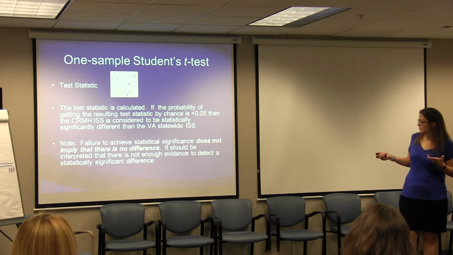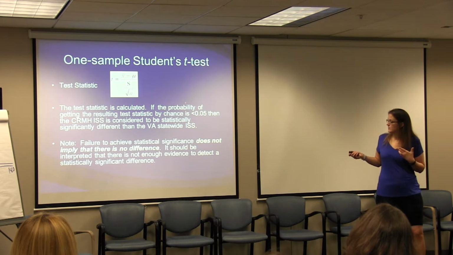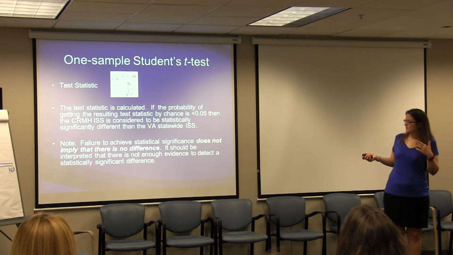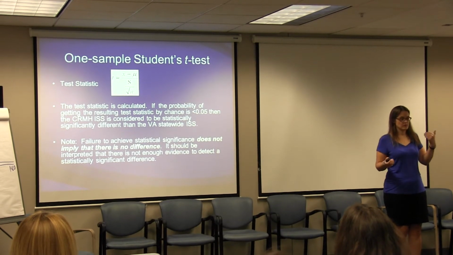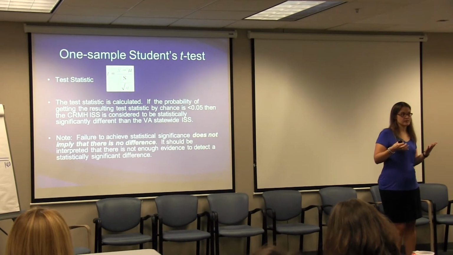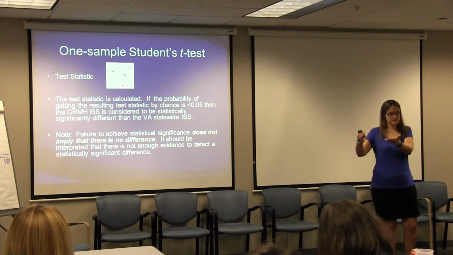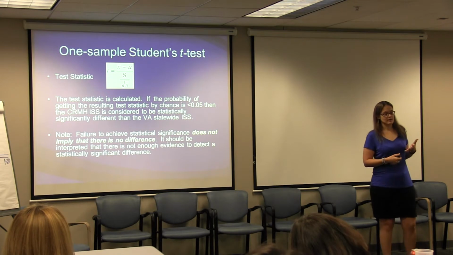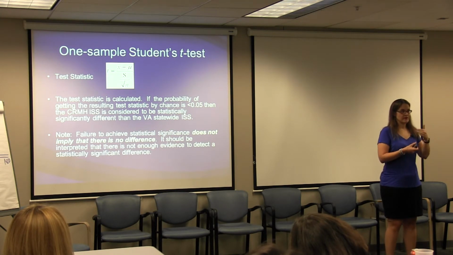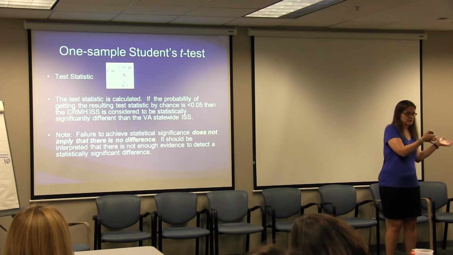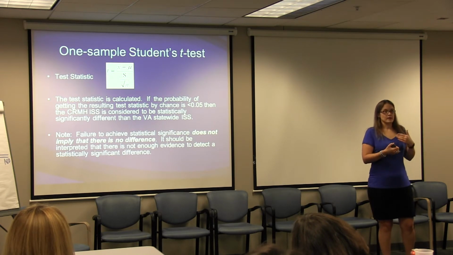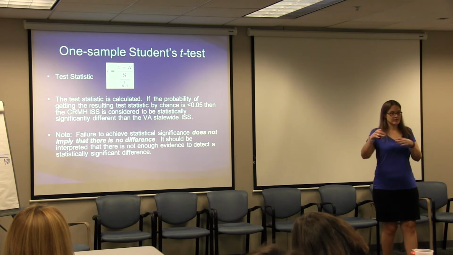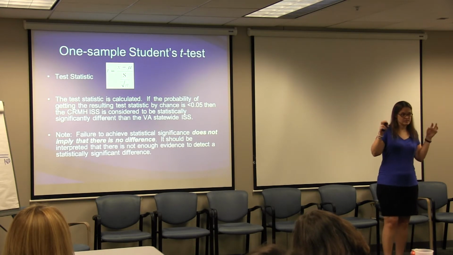A way to think about what that means: if we did this t-test and our ISS was statistically significantly different from the statewide average with a p-value of less than 0.05, what that means is 5 times out of 100 or less, we would get that result due to chance. But the other 95 times, it's a real finding.